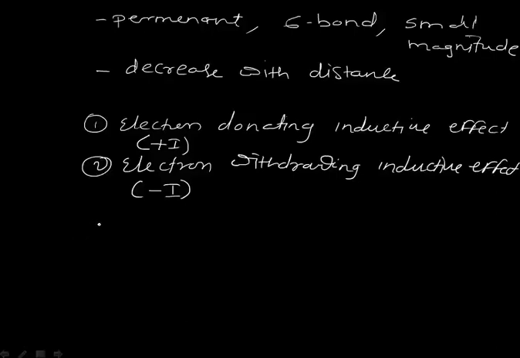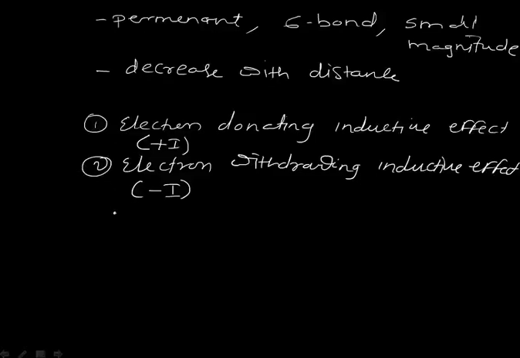In an organic molecule, those groups or atoms are going to either increase or decrease electron density. Depending upon that, we classify the inductive effect as electron donating and electron withdrawing.